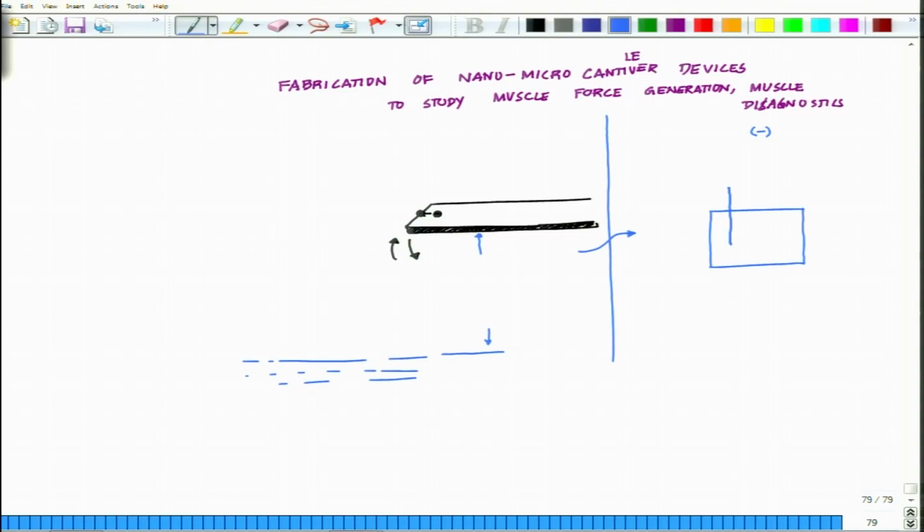So for example, I take a silicon wafer like this. It could be made on silicon, it could be made on PDMS, polydimethylsiloxane. You can please look into these kinds of compounds.